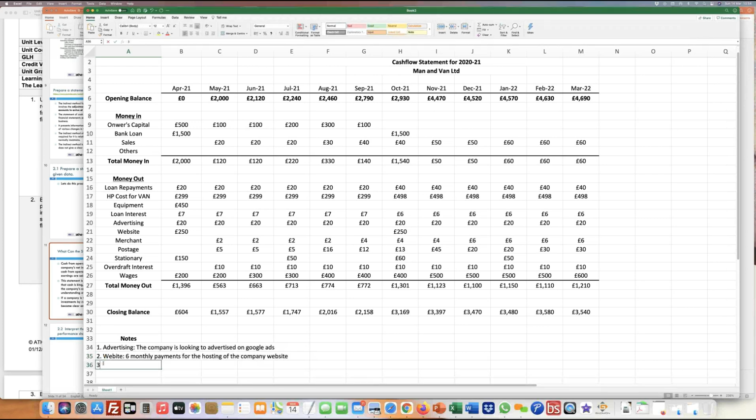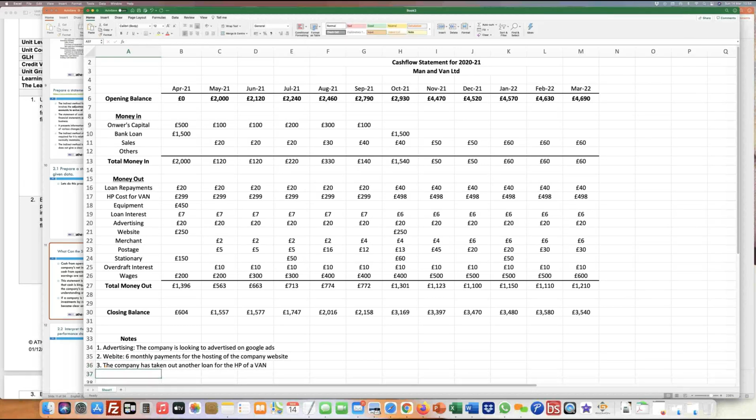And then the other bit that I could also explain is that in some cases, like when the loan payments are doubling up or why the second loan has been taken out, you could make a note here and provide that under explanatory notes for the cash flow statement, say the company has taken out another loan for the hire purchase of a van.